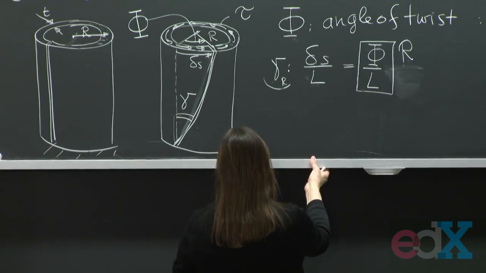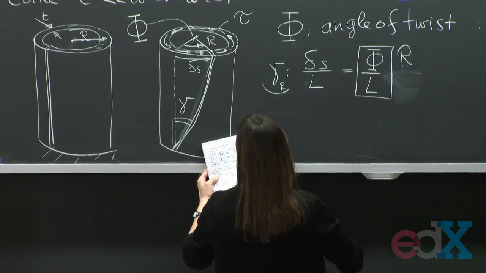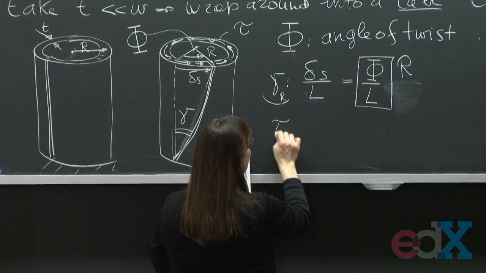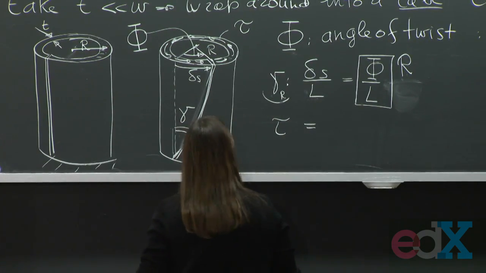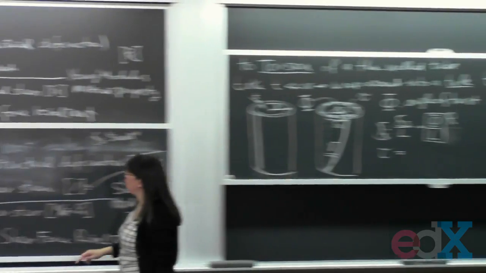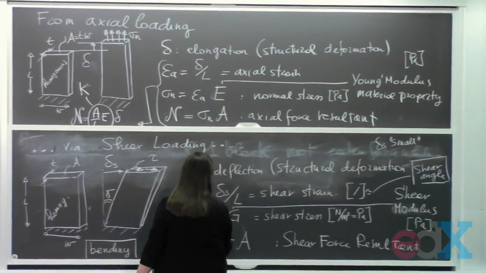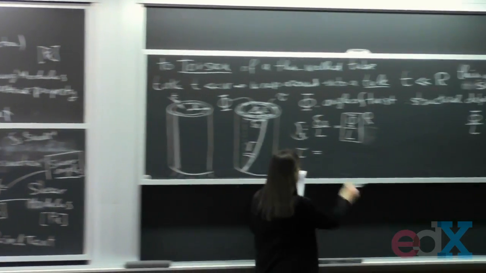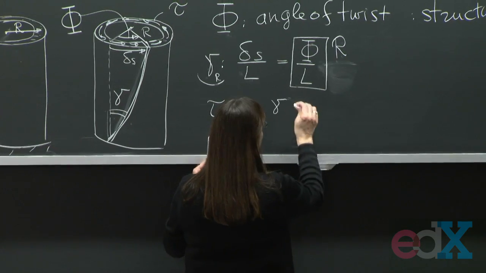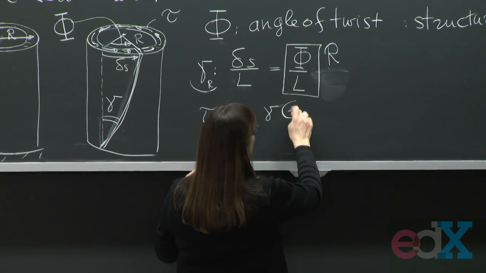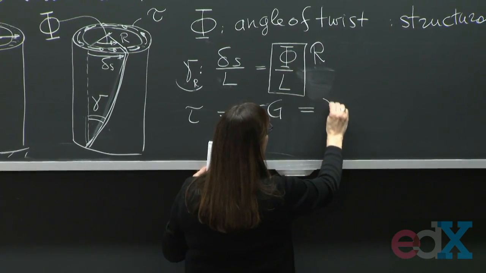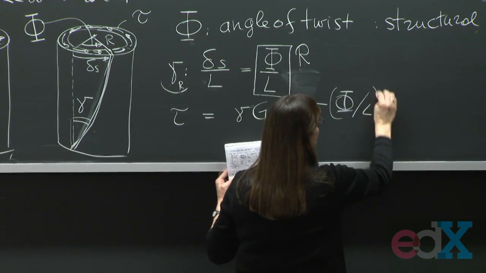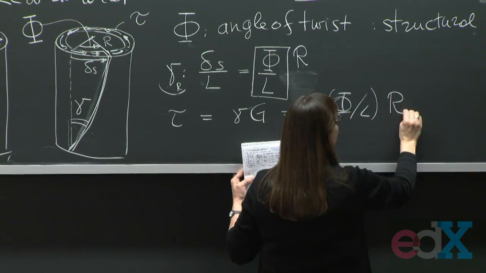Okay, so we're getting there. And what do we do next? We do the shear stress. So the shear stress tau, we already know how to obtain tau. There it is. I just need to multiply gamma by G. So tau is simply equal to gamma multiplied by G. And so that's going to be equal to G that multiplies phi over L, our twist rate, times r.